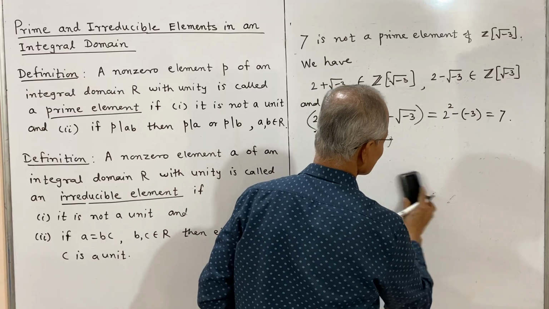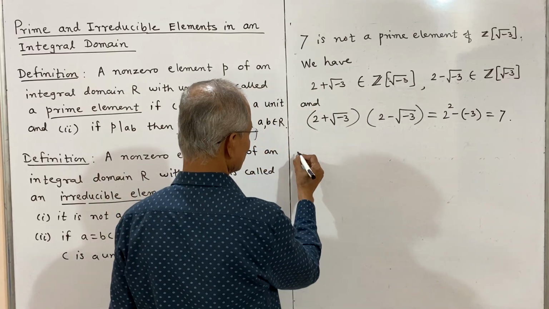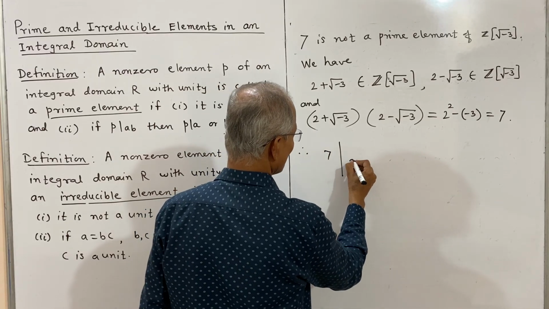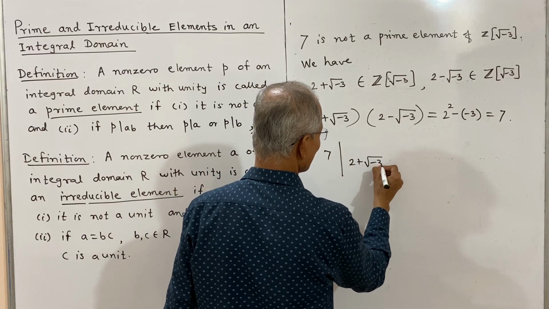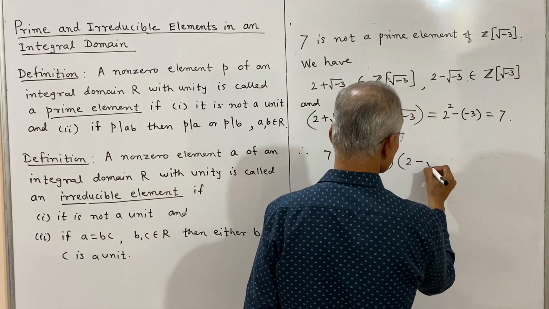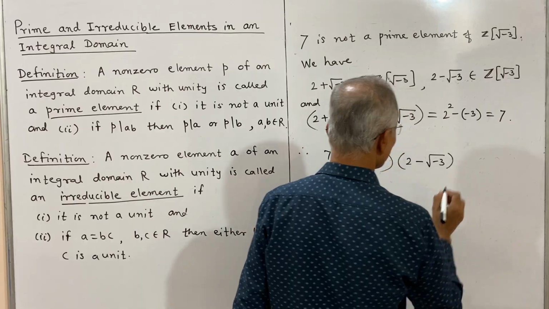Therefore 7 divides 2 plus under root minus 3 times 2 minus under root minus 3.